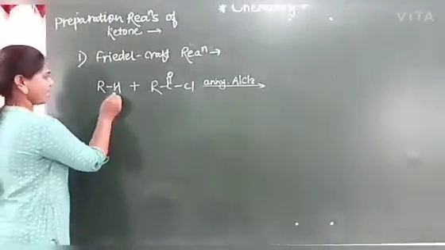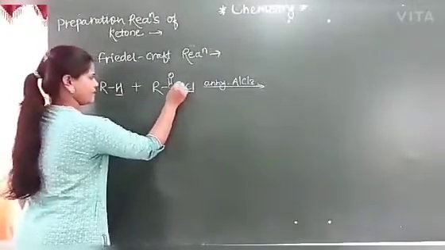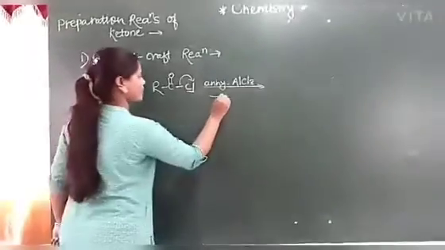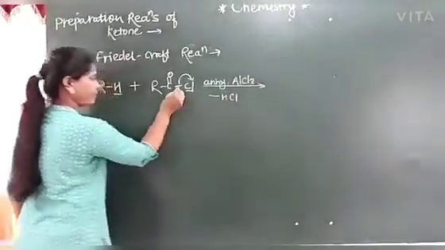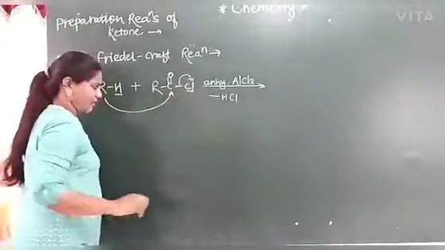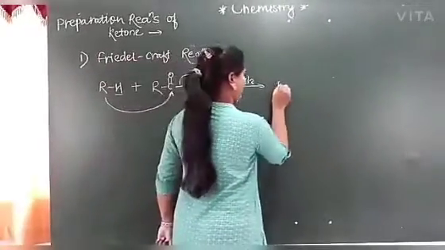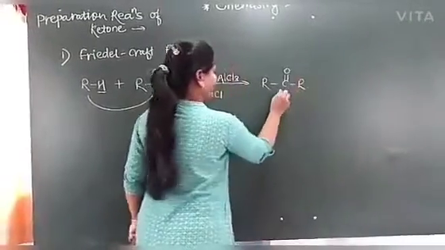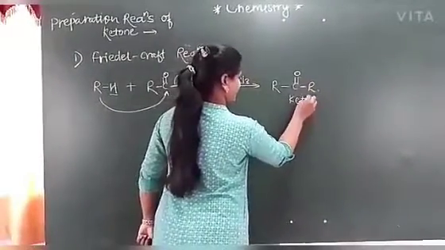So this H and this Cl, when Cl gets removed, it reacts with the H and forms the byproduct HCl, and in place of Cl the alkyl group attaches and formation of ketone takes place. See here, very simple reaction it is.